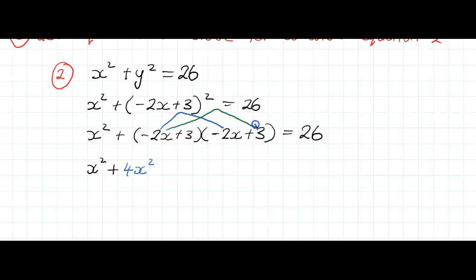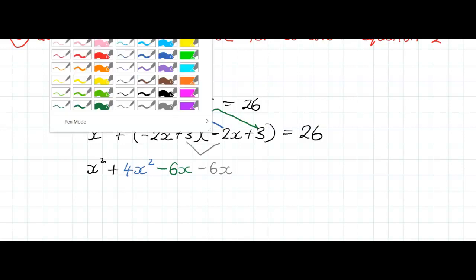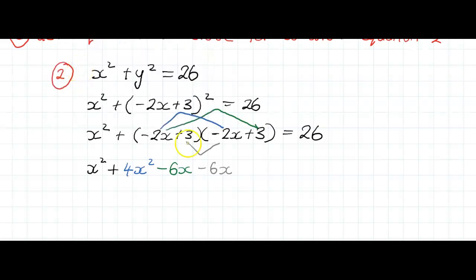Then minus 2x by plus 3, so minus by plus is a minus, 2 3s is 6, and we have an x. Then plus 3 by minus 2x, so plus by minus is a minus, 3 2s is 6, and we have an x. And our plus 3 by plus 3, so plus by plus is plus, 3 3s is 9.